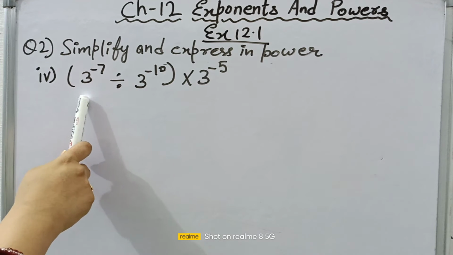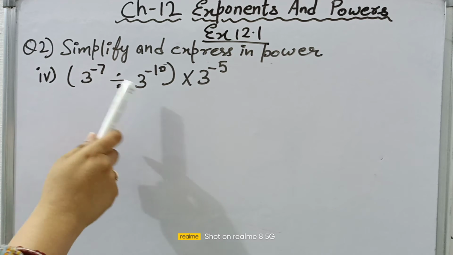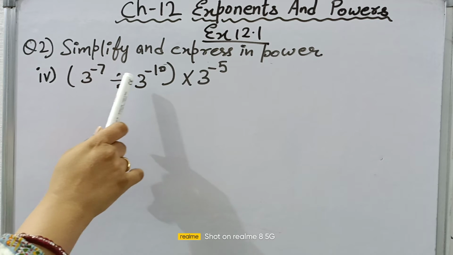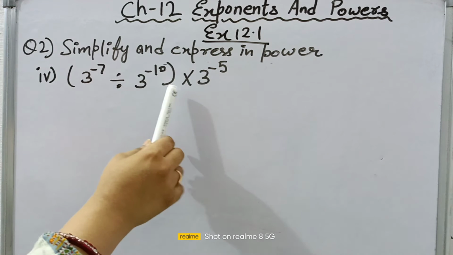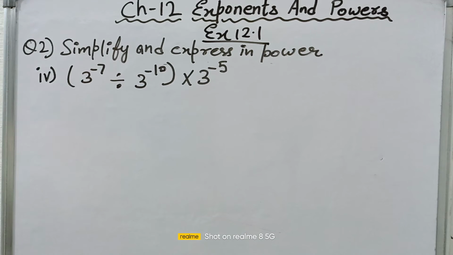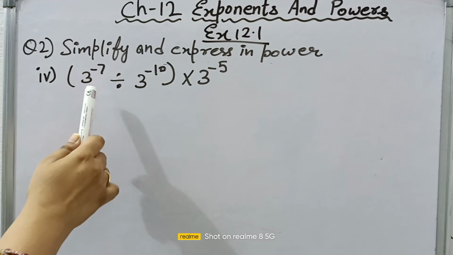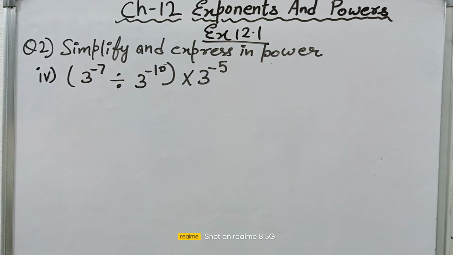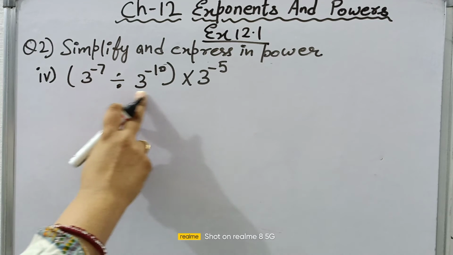This is the fourth part and it is saying within bracket 3 raised to the power minus 7 divided by 3 raised to the power minus 10 bracket close multiplied with 3 raised to the power minus 5. Here we can see the base are same for all the three terms. So according to BODMAS, firstly we will solve this bracket.